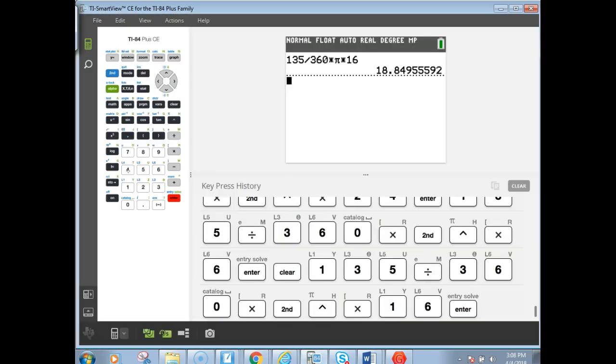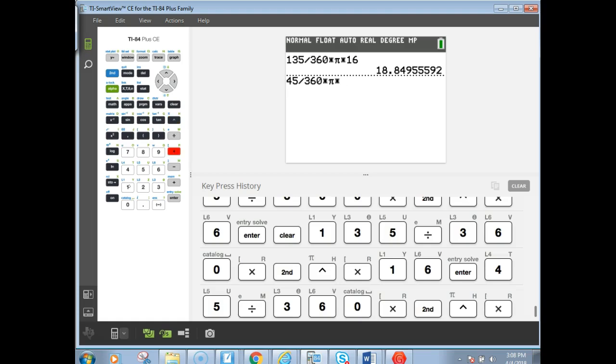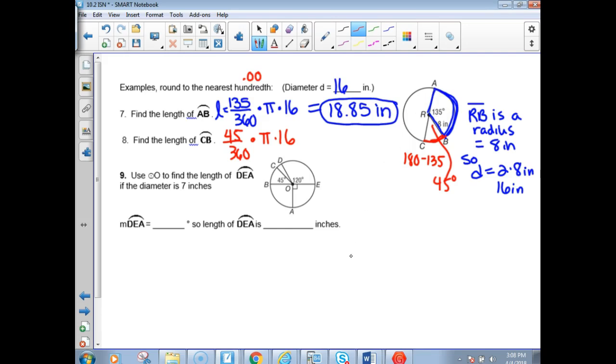So type away. 45 divided by 360. Type on your calculator. Times your pi and times 16. Got 6.28. Drop the decimal part off after the 8. And that's also in inches.